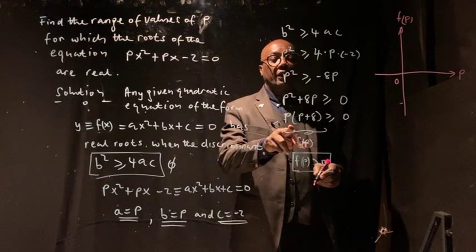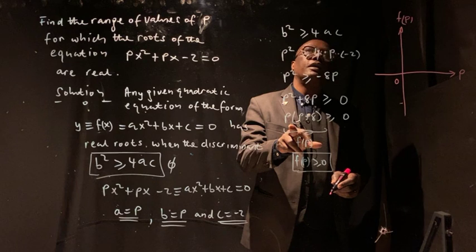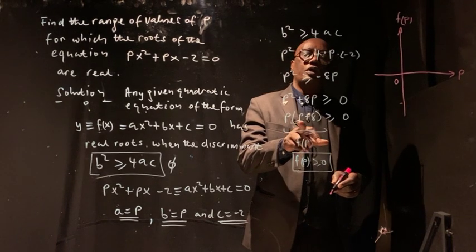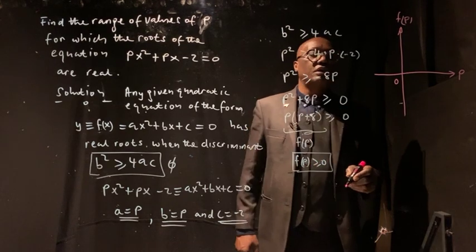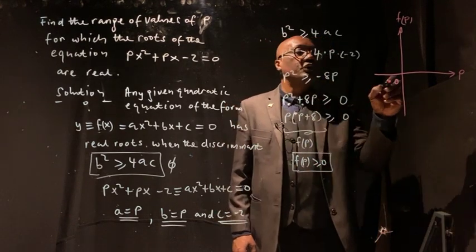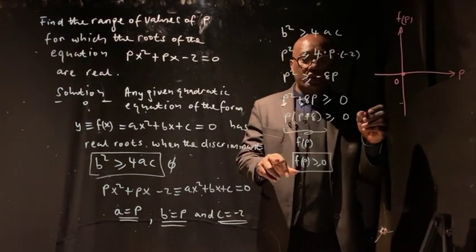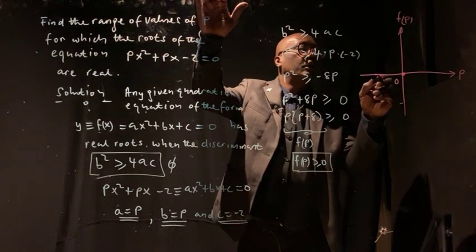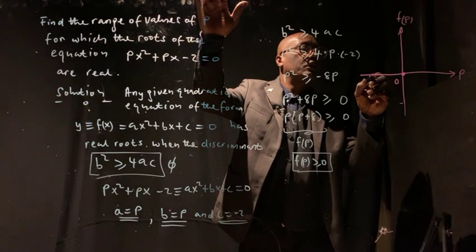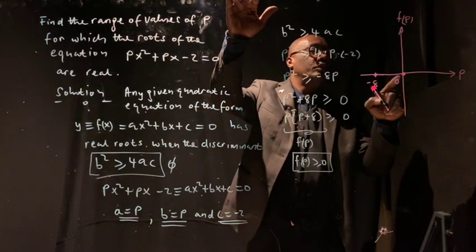If you pick up this equation, you can see the factors, the roots of this equation. When f of p is equal to 0 on the x-axis, we have p equals to 0, and we have p equals to minus 8. So let's say minus 8, here is 0.